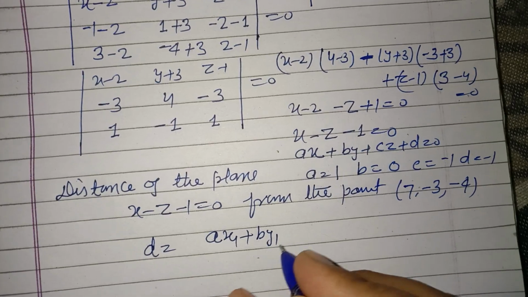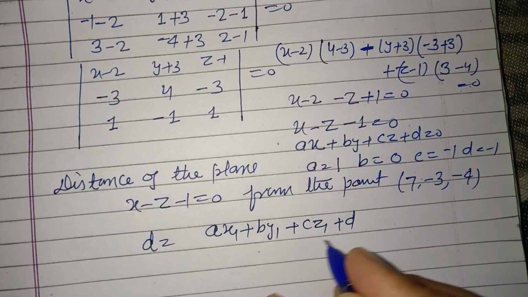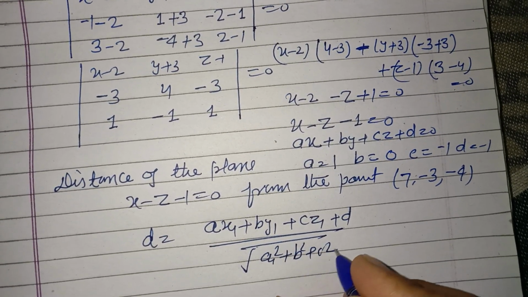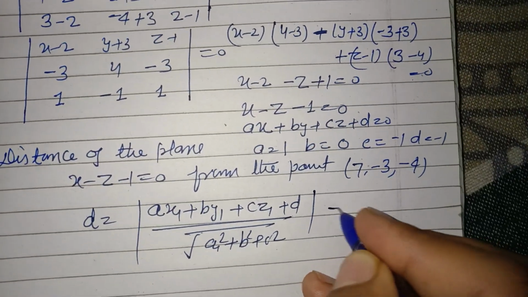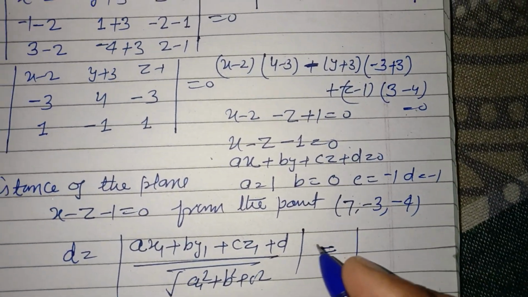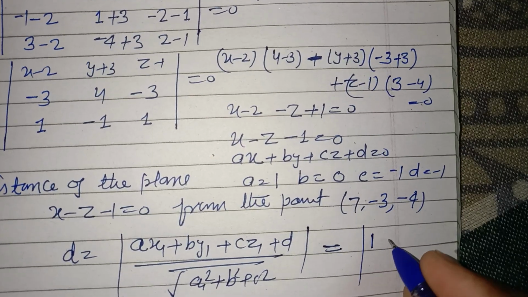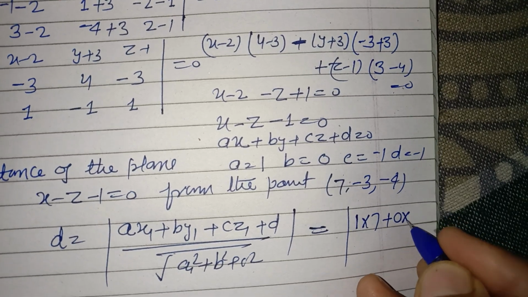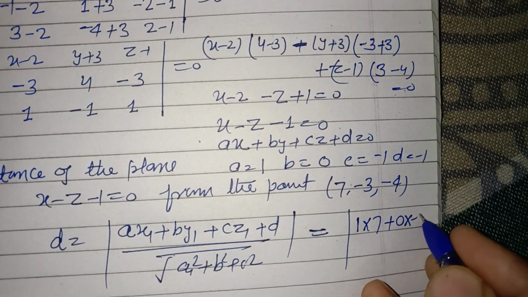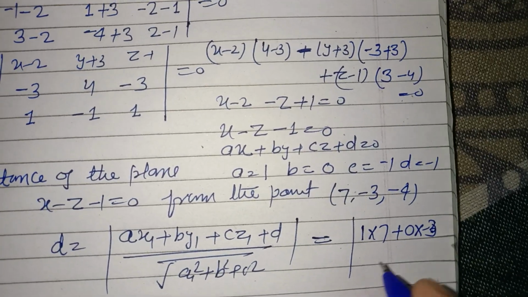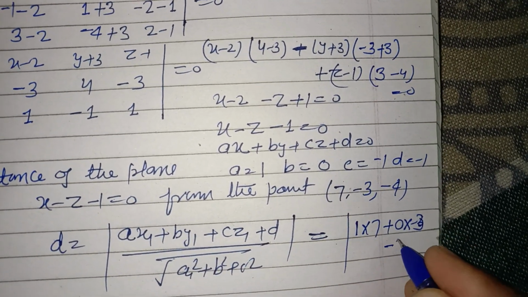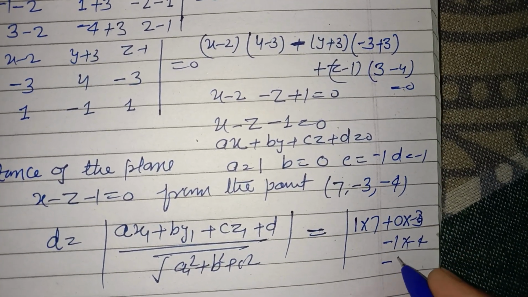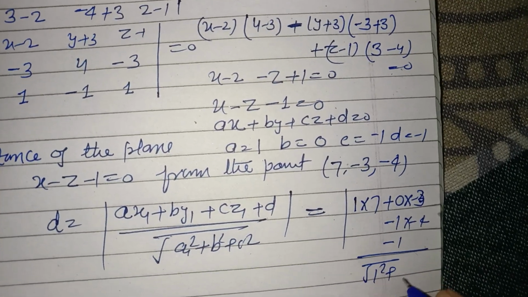And this is d equal to the modulus of (a x1 plus b y1 plus c z1 plus d) over under root of a square plus b square plus c square. So we put the values here: 1 into 7, b is 0 so minus 3 is multiplied by 0, and c is minus 1 into z1 which is minus 4, and d is minus 1, upon under root 1 square plus 1 square.